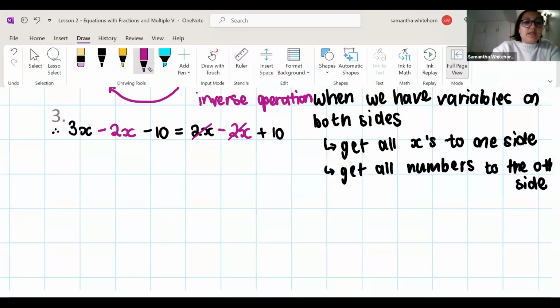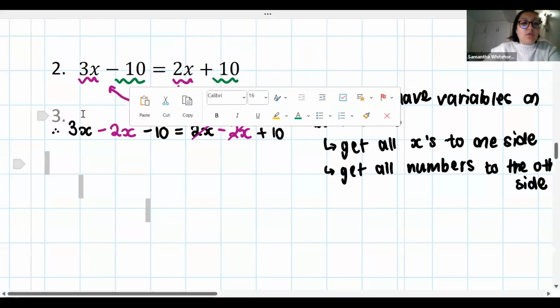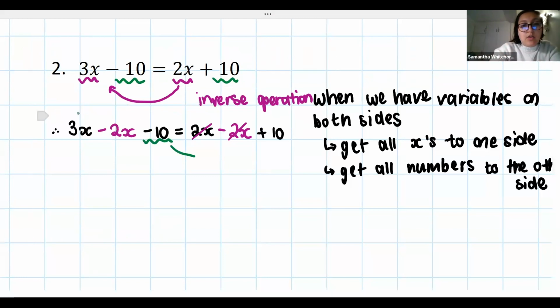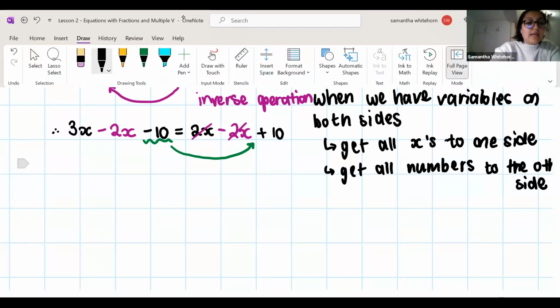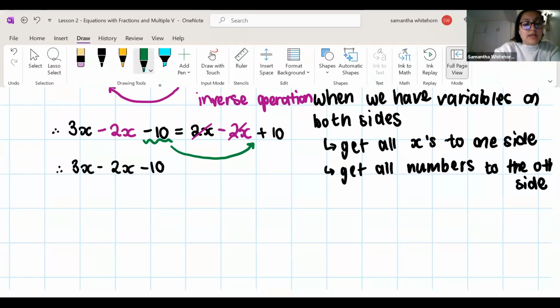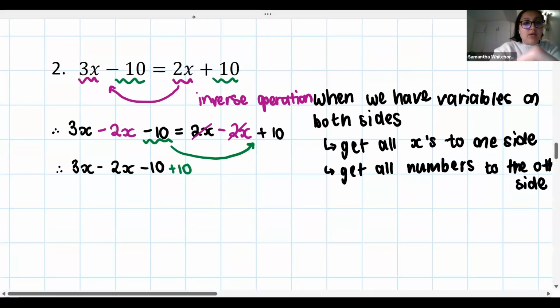The next thing I have to deal with, because now I've decided to put all of my x's on the left-hand side, is getting this negative 10 over to the right-hand side. And again, we use inverse operations. On the left-hand side, I still have my 3x minus 2x. But now I'm going to add 10 on both sides in order to bring the 10 over.